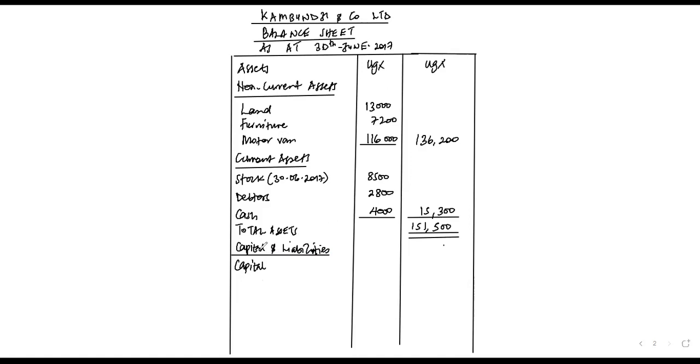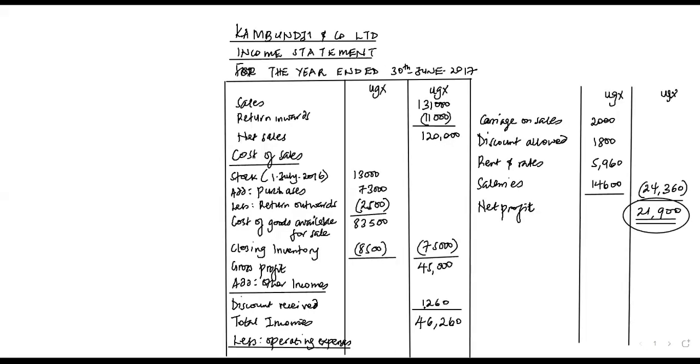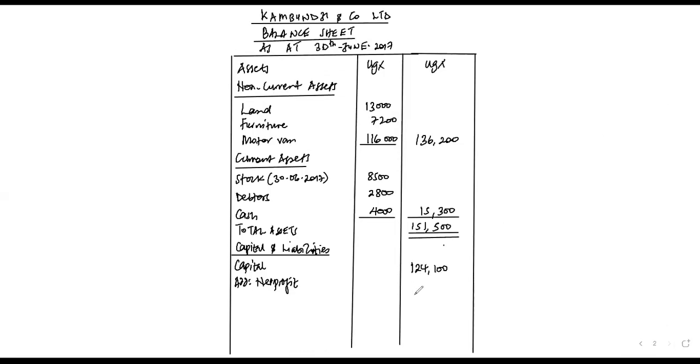Our capital is given as 124,100. Now on this capital, we have to add the net profit. When a business makes a profit, the capital increases. If it's a loss, the capital will reduce. Our net profit is 21,900.